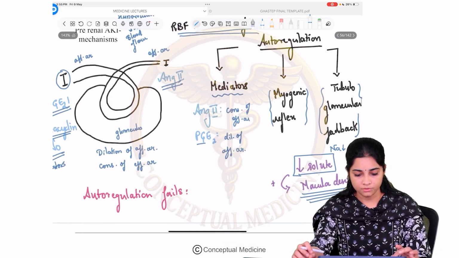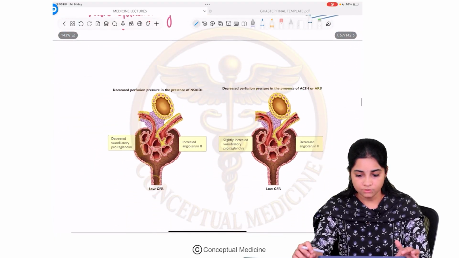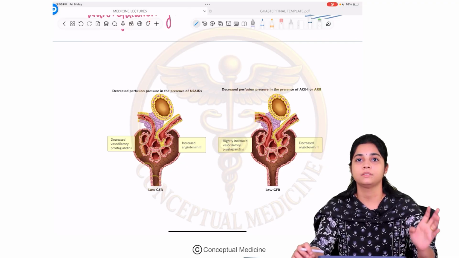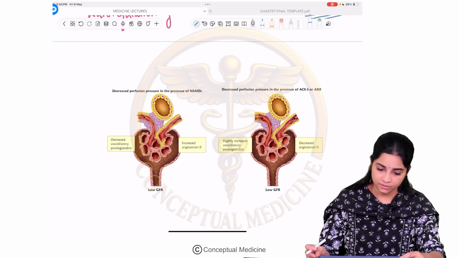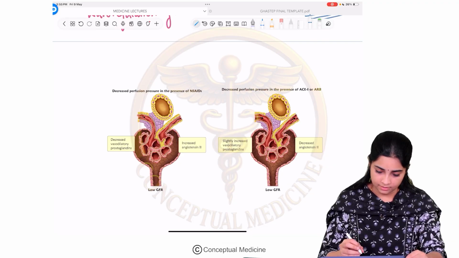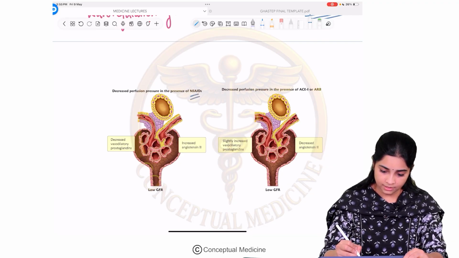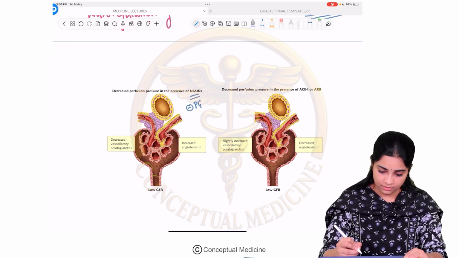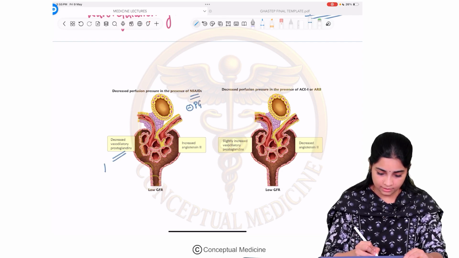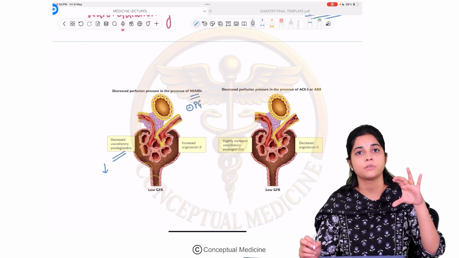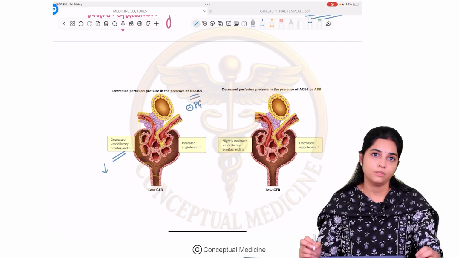Fine? So let us understand how certain drugs affect these mediators and how they cause prerenal AKI. So let us understand NSAIDs, right? What happens in NSAIDs? NSAIDs basically inhibit the prostaglandins. So there is a decrease in the vasodilatory prostaglandins and prostacyclins which are responsible for keeping the afferent arteriole dilated.